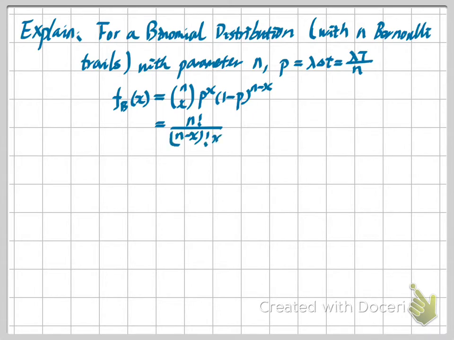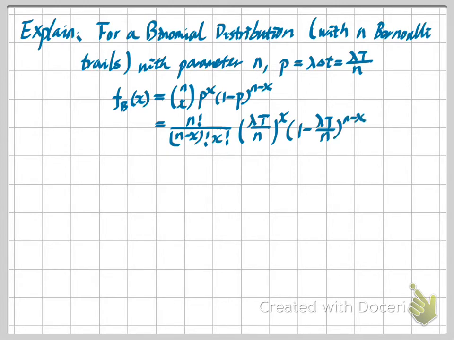We will find this equation can be rewritten with factorials, and we also plug in the value of our p. So you can find this equation will actually look like this.